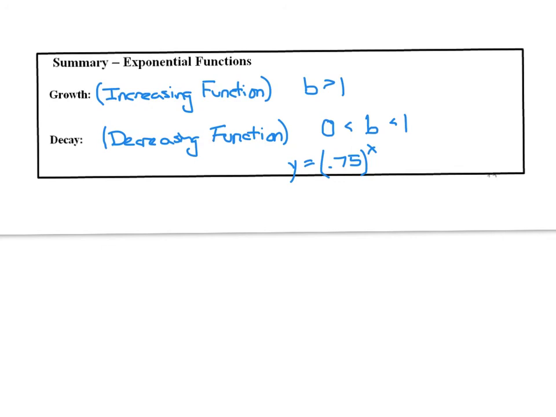Let's just take a minute to compare exponential growth and decay functions. So in your notes, let's put a couple more examples. If I have, for example, y is equal to 6 to the x power. Because the base is 6, and that's a number bigger than 1, I know that this would be exponential growth.